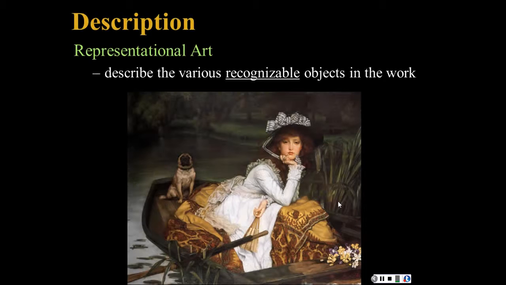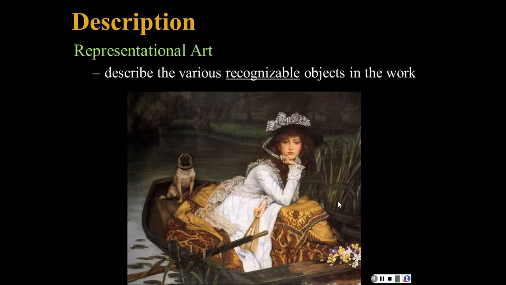All right, so description starts with, if you look at your form, 1A, B, and C. When you look at a work of art, if you can list things, recognizable images or objects that you can name from the natural world, it's representational art.